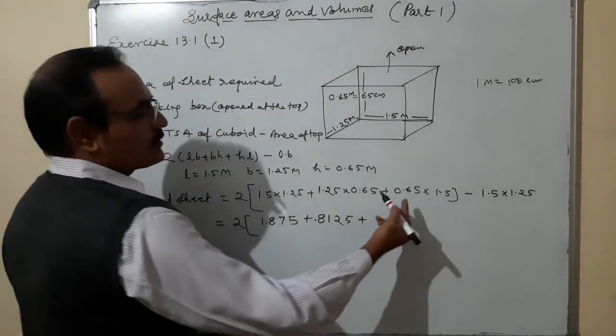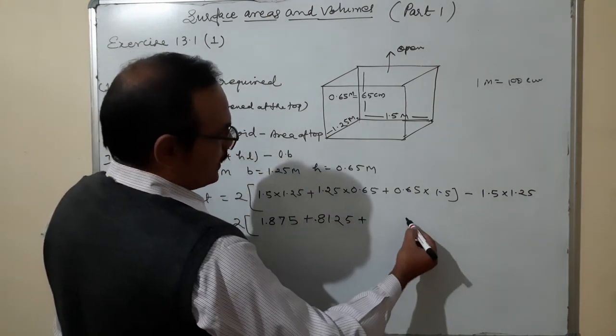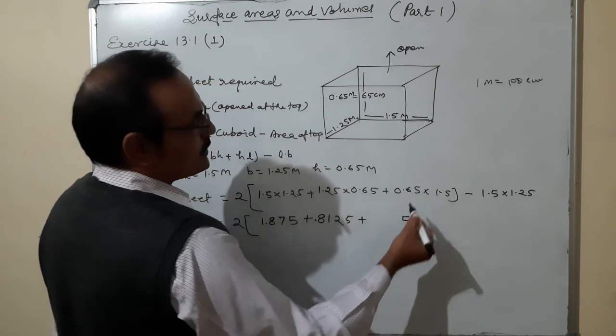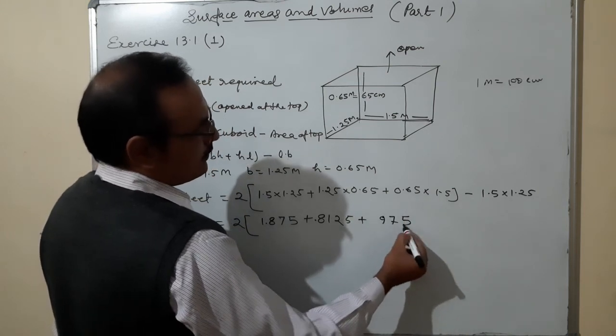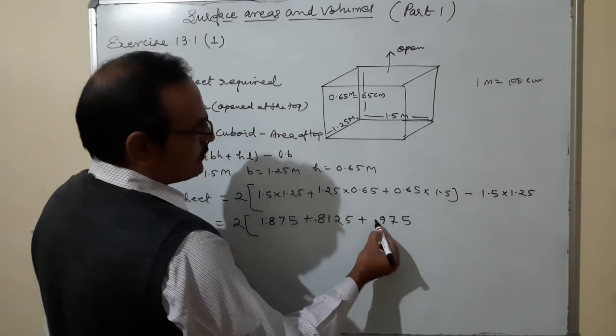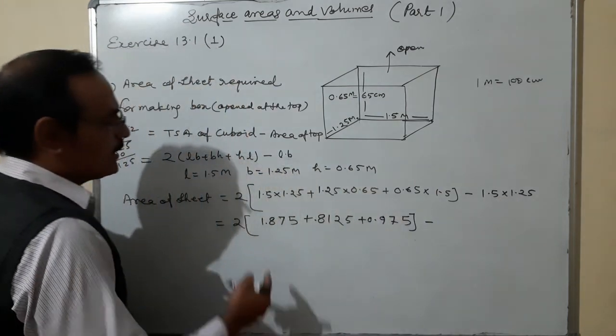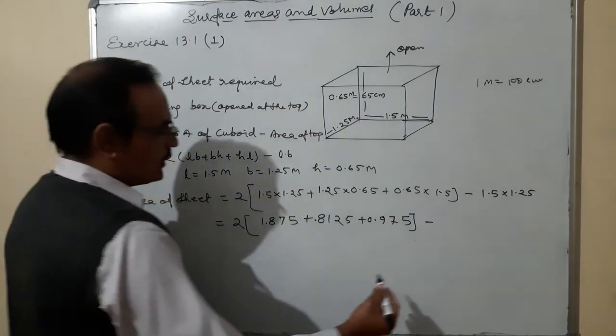Next is 0.65 multiplied by 1.5, which gives 0.975. Then minus 1.5 multiplied by 1.25, already we have multiplied, 1.875.